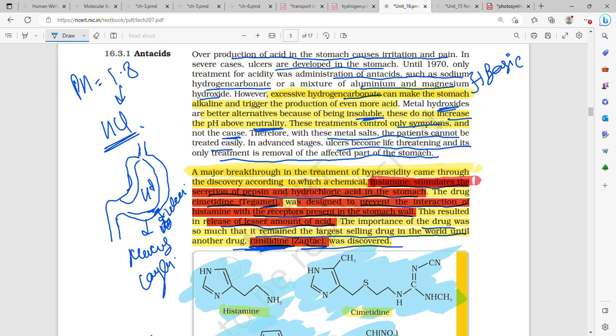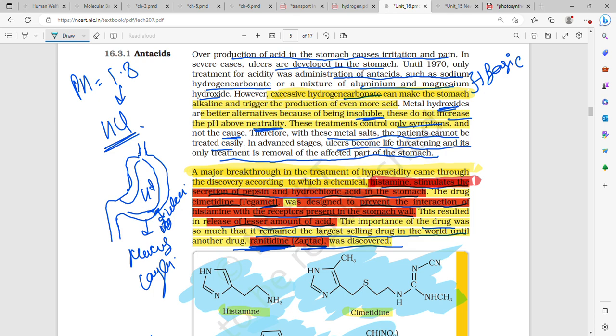However, if we consume excessive hydrogen carbonate, then the stomach pH, which is normally 1.8, will increase and it will become alkaline. And the moment it becomes alkaline, since the pH of the stomach should always remain highly acidic, this triggers the oxyntic or parietal cells to produce even more acid.